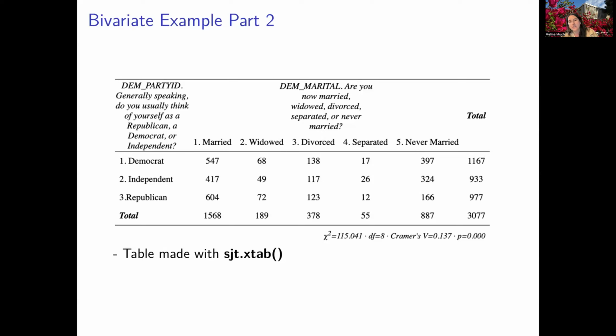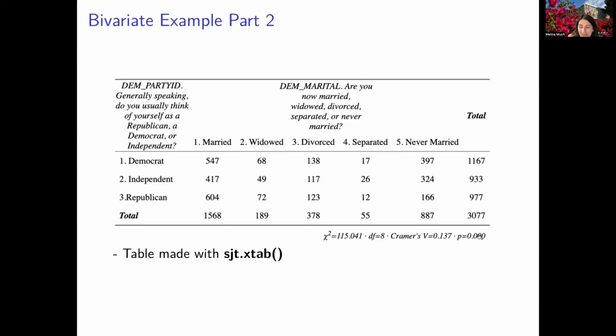And so we're going to start to look at the fact that we can use this function to not only get the crosstab, but also get the bivariate chi-squared statistic from here. So we see that the X-squared at the very bottom right-hand corner is 115.041. And we're able to see that it has a degrees of freedom of 8 and a p-value of 0.